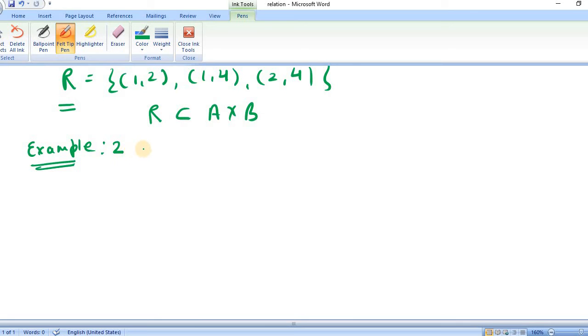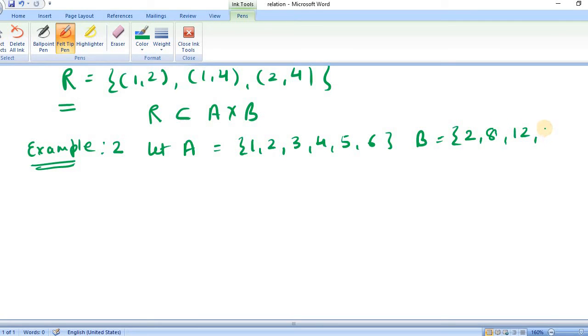Example number 2. Okay, let A be a set with elements 1, 2, 3, 4, 5, and 6. And then there is another set B, which is defined with the elements 2, 8, 12, 10. Okay.